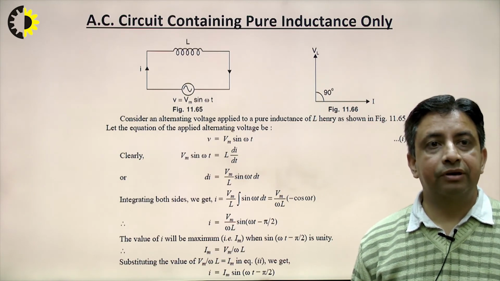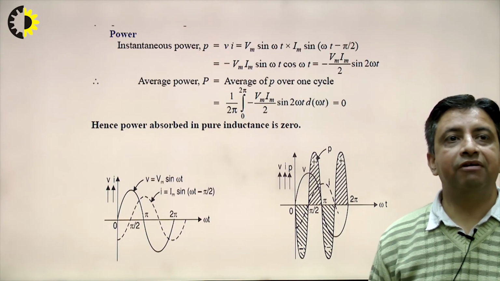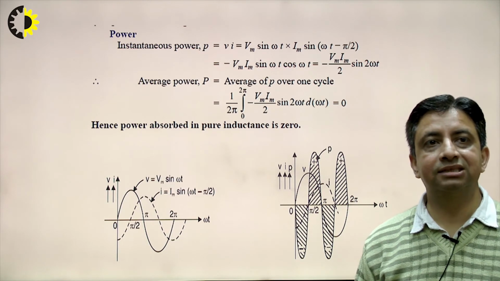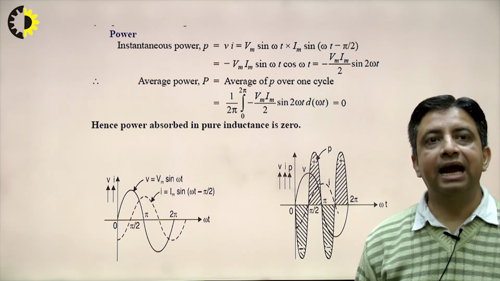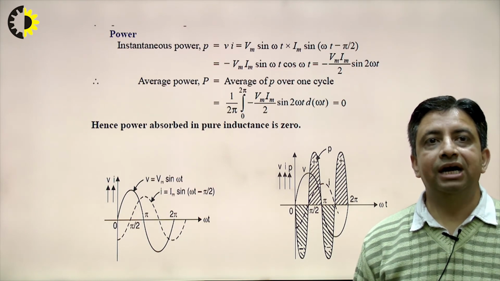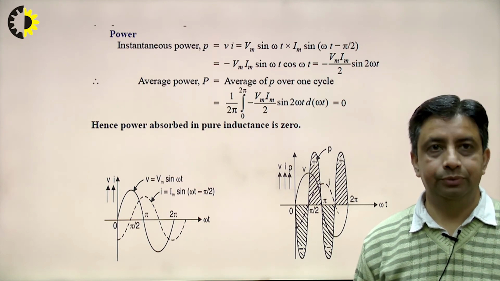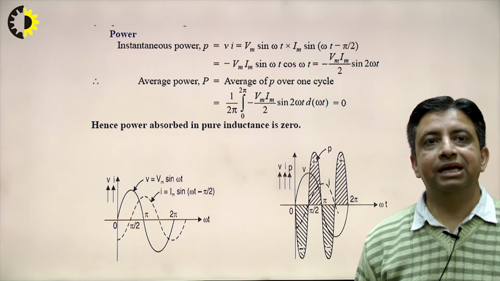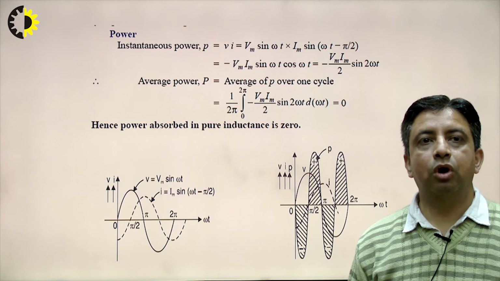Now, considering the power, again power is the instantaneous product of voltage and current. So, voltage remains the same, Vm sin omega t, and in this case we got the current as Im sin (omega t minus pi by 2). Again, sin (omega t minus pi by 2) can be written as minus cos omega t.